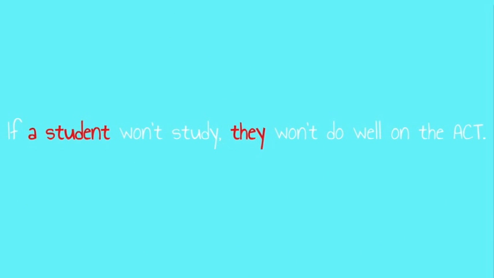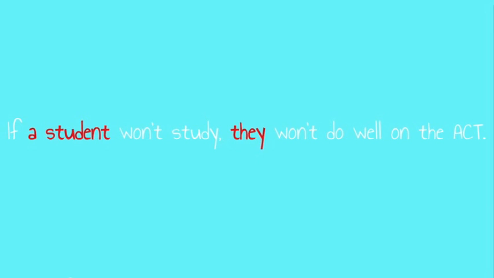While this is a true statement at its core, the pronoun antecedent agreement is wrong. They is a plural pronoun, and a student is a singular antecedent. We need to either change a student to students or they to he or she.